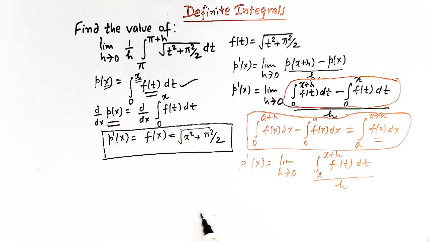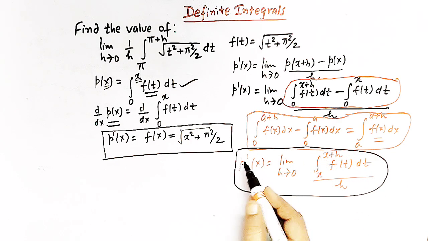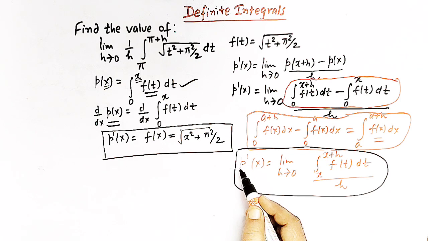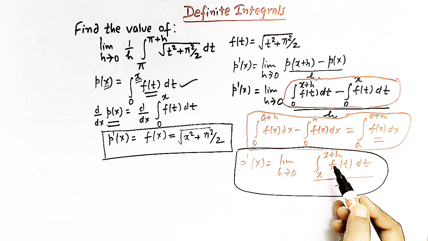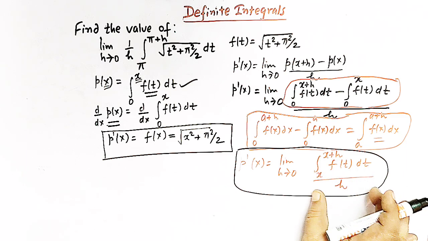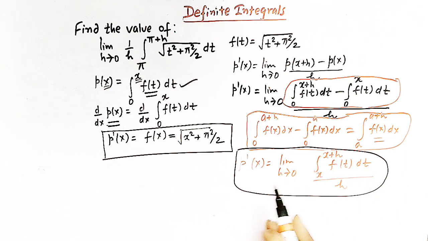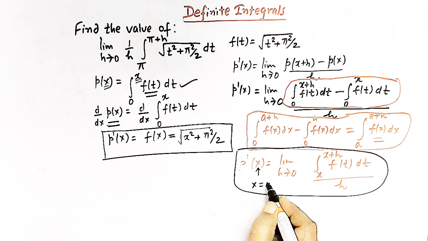So now we have arrived at an important expression, that is the derivative of p of x, p prime of x, is given by the limit h tends to 0 of the integral from x to x plus h of f of t dt divided by h. Now let us replace this x by pi.